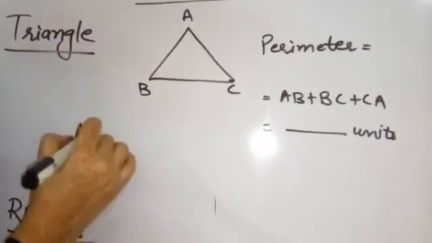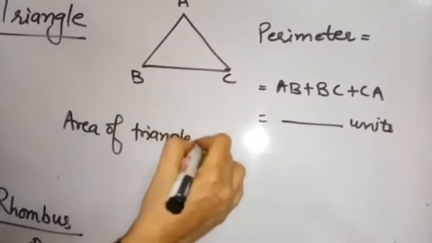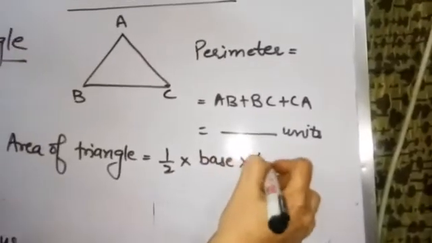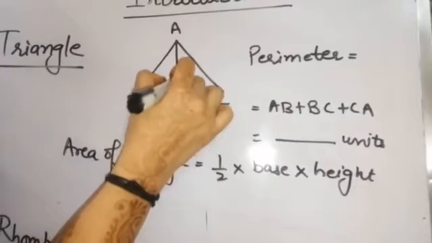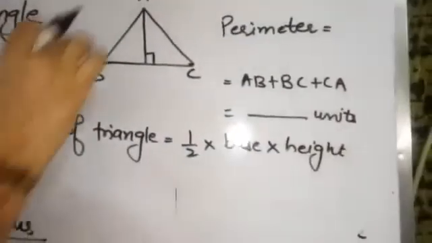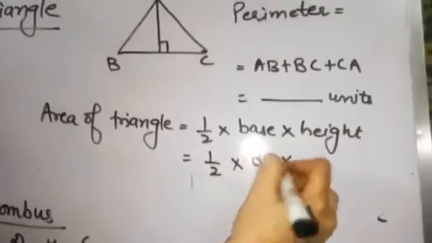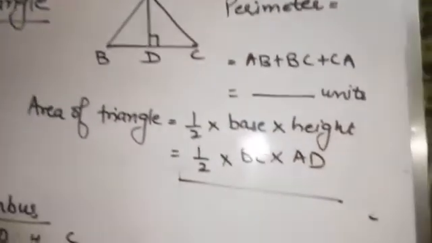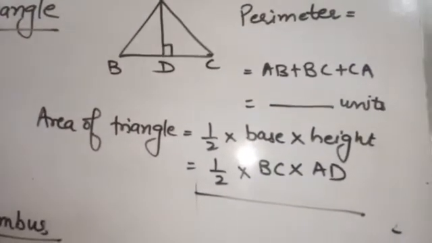Now next is the area of a triangle. The formula for the area of a triangle is half into base into height. Height is the perpendicular from vertex A to side BC. So the area of the triangle is half into base BC into AD. This is the area of the triangle: half into base into height.